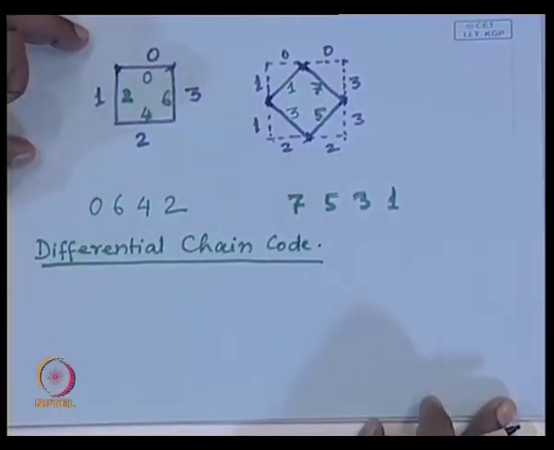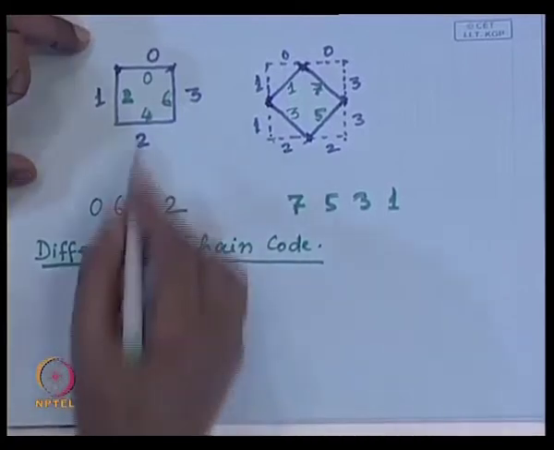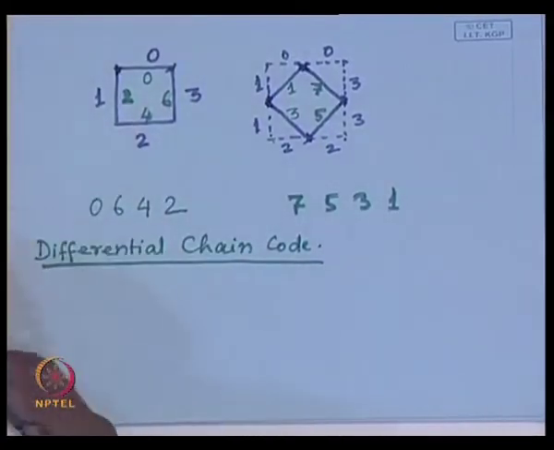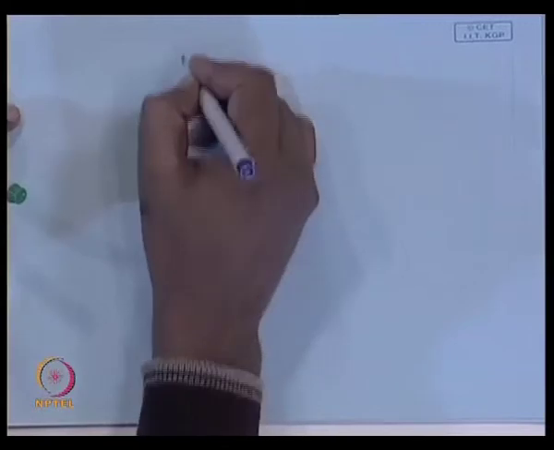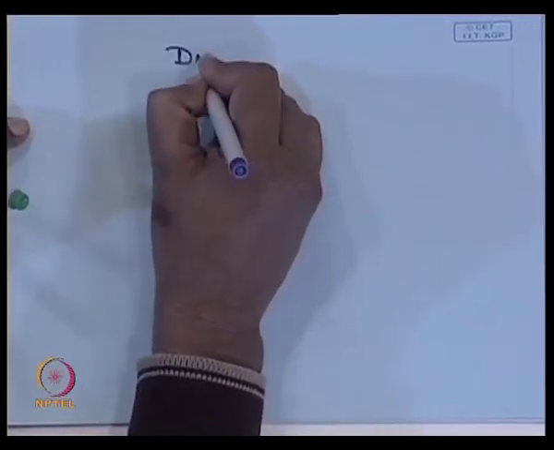Okay. So, to go for this differential chain code, let us start with the same figure. Let me take another page. Okay. So, we are talking about differential chain code.